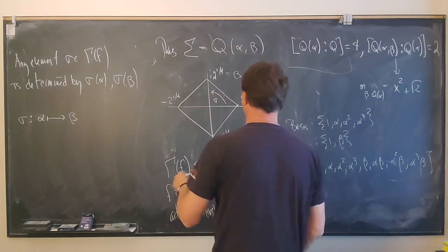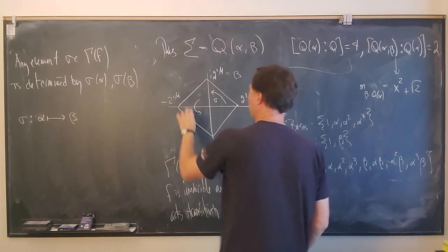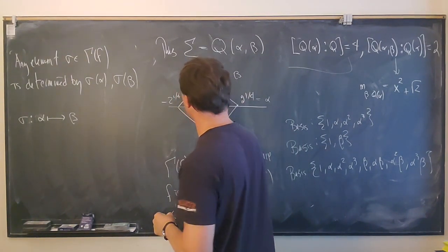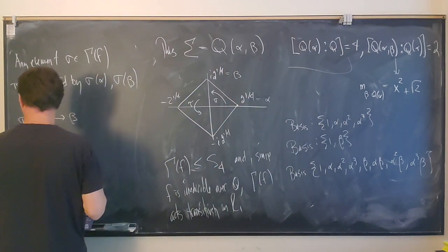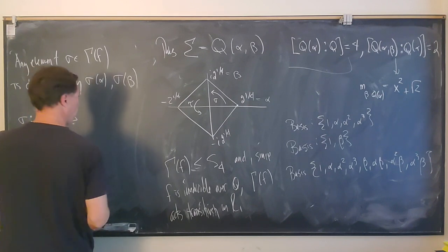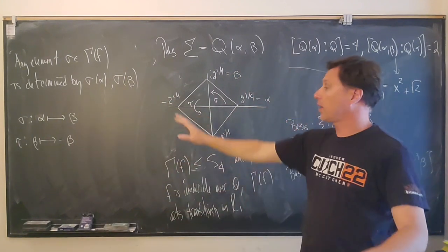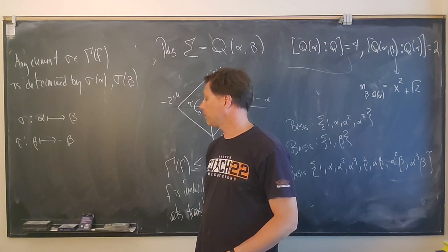And then let's call the flip about this line right there tau. And so what does that do? It leaves alpha and minus alpha fixed, and it takes beta to minus beta. So once you have that, here are our generators for our group. Every element can be expressed as a product like that.